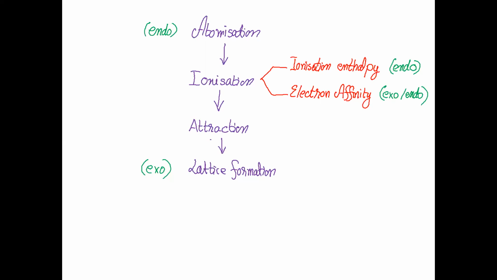Atomization, which is always endothermic. Ionization has two parts: ionization enthalpy, which is endothermic, and electron affinity. Remember, first electron affinity is exothermic and second electron affinity is endothermic.